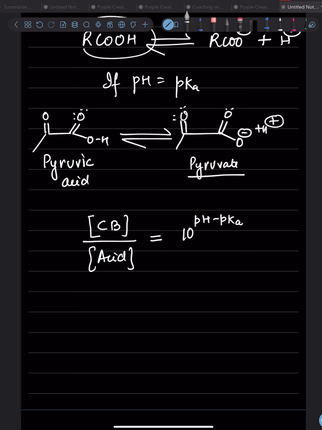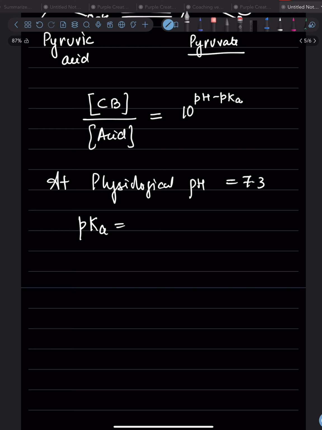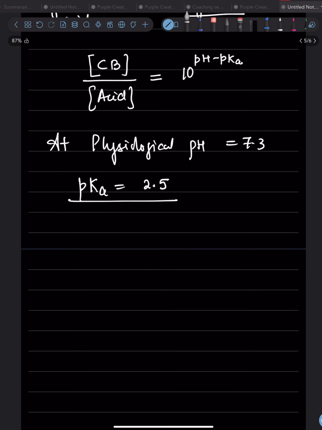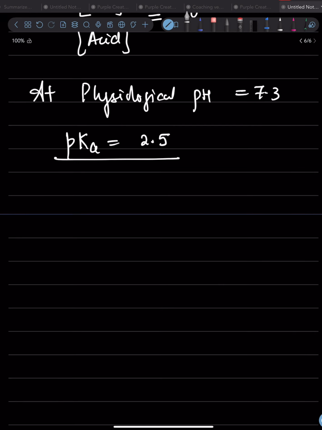Okay, so at physiological pH, which is 7.3, the pKa of pyruvic acid is 2.5. So it's independent of that thing. So at physiological pH, the pH is 7.3, pKa is 2.5.